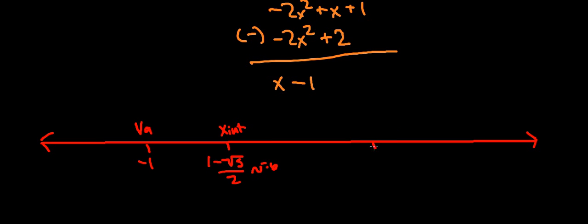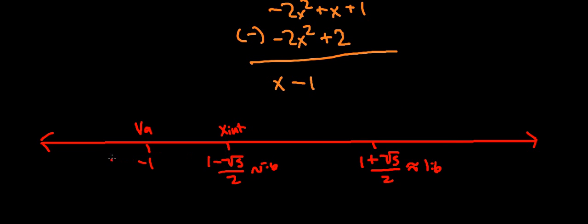And then we have 1 plus the square root of 5 over 2, and this is about 1.6. Let me double check that real quick. I don't want to mess up. 1.618, and then minus 0.618. I'll take that.